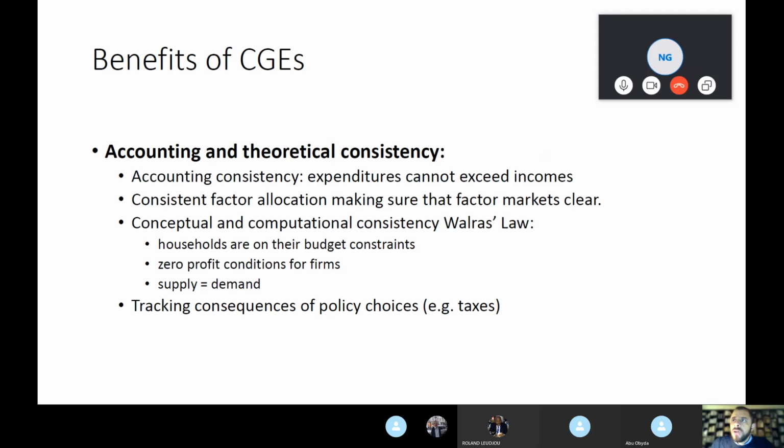They are based on aggregate demand and aggregate supply at the macro level, on consumption theory and investment theory at the macro level, and so on. So this means that we have a very strong and robust theoretical framework.